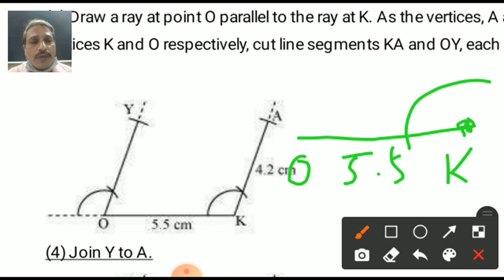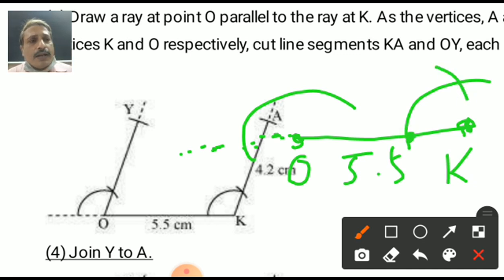Draw an arc from K. With the same radius, draw an arc from O, and extend this line in the opposite direction with dotted lines. Now intersecting this OK, I am having one point here. With the same radius, I will cut our previously drawn arc.